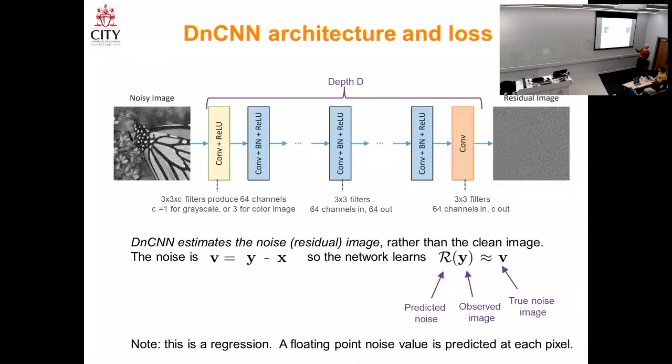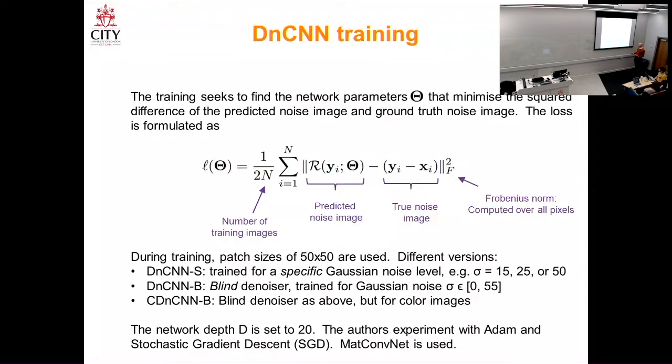That's the number of these layers here shown with the blue color. And they experiment with different ways to optimize the loss using, say, stochastic gradient descent or Adam. And they're using the MatConvNet library to train this thing. MatConvNet is a library that you can use in conjunction with MATLAB to do deep learning.